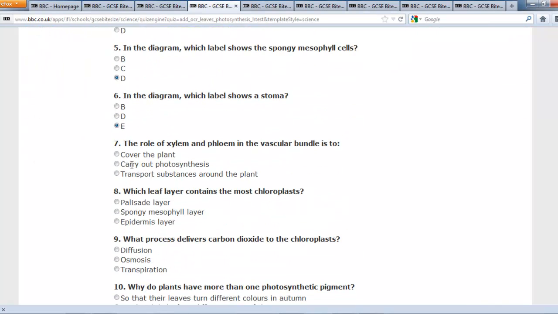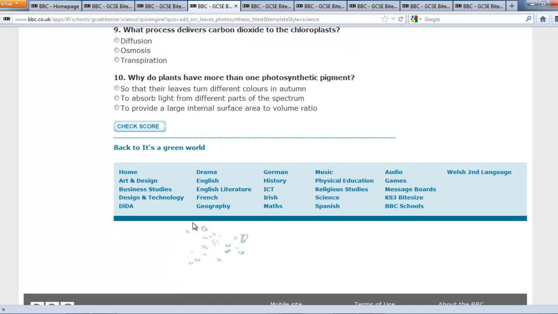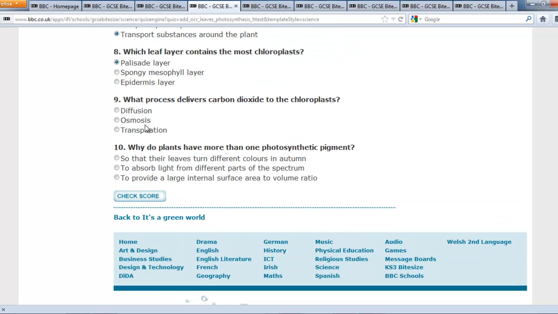The role of xylem and phloem in the vascular bundle is to transport substances around the plant. Which leaf layer contains the most chloroplasts? Palisade layer. What process delivers carbon dioxide to the chloroplast? Diffusion.